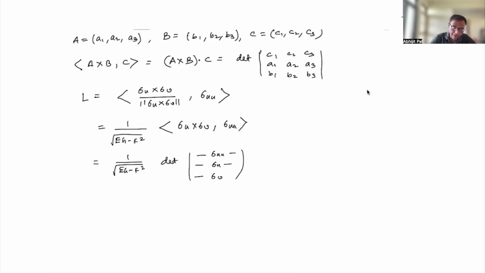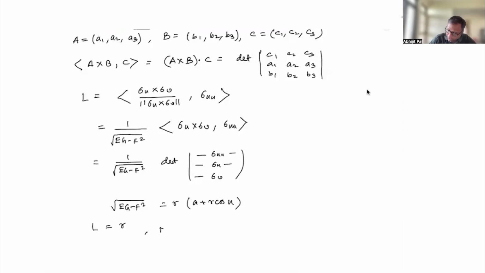So this will be my L. And you can compute this root EG minus F squared, which is equal to r times (a plus r cos u). And this L turns out to be equal to r.